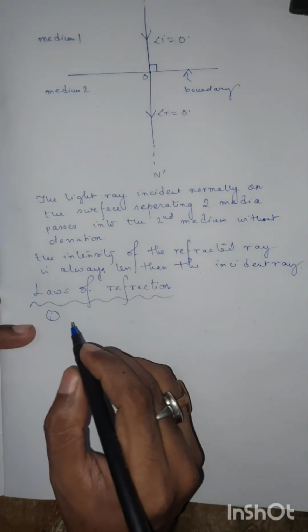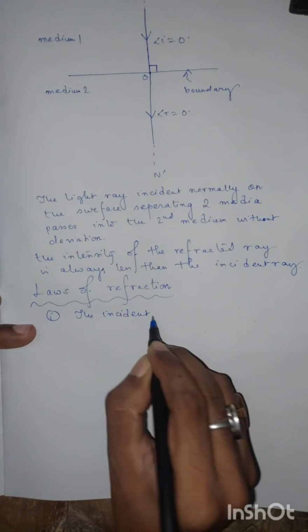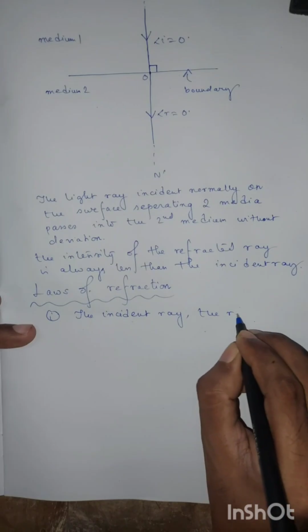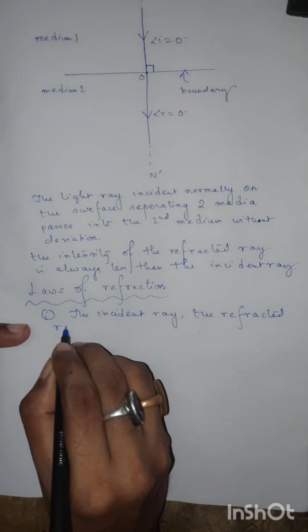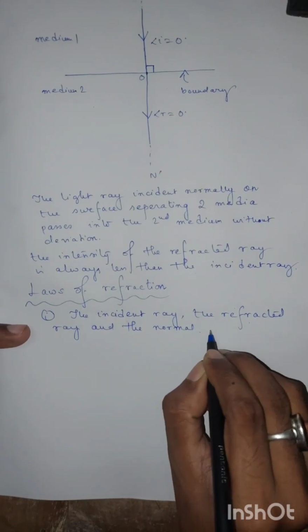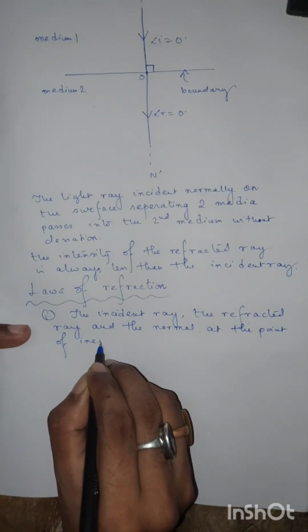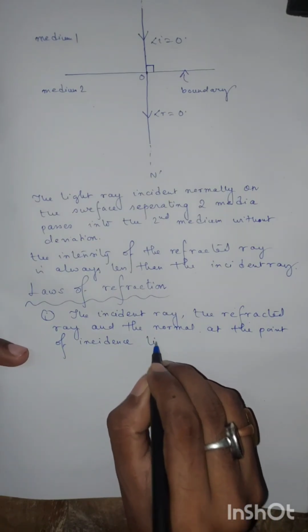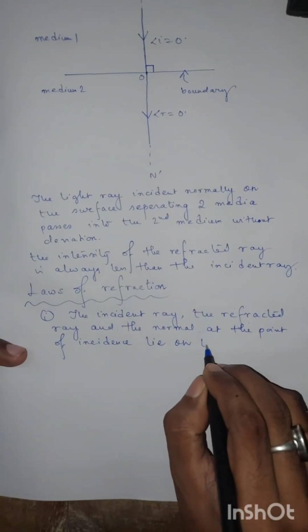The first law says the incident ray, the refracted ray and the normal at the point of incidence lie on the same plane.